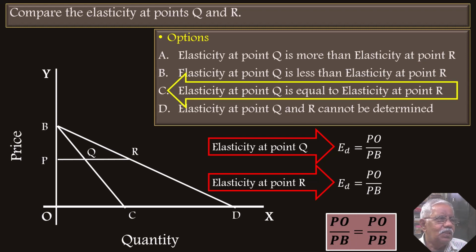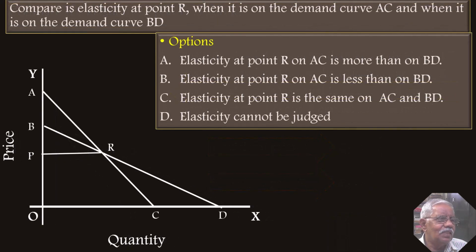Both the ratios are the same. So, elasticity at point Q is equal to the elasticity at point R. Option C is the correct answer.